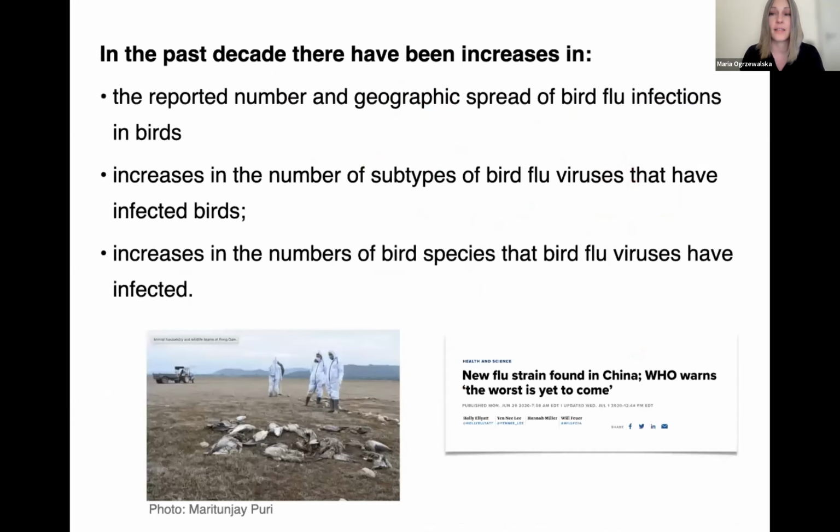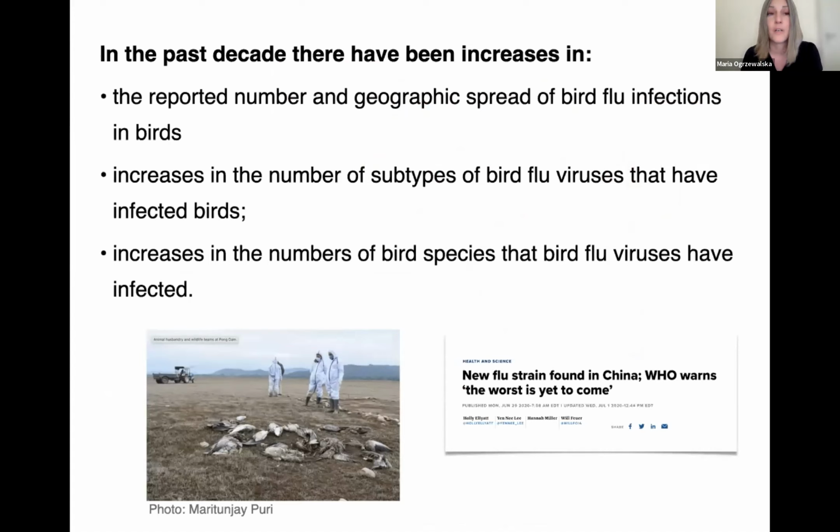Besides that, in bird populations we have strains usually not pathogenic, but sometimes they can change and become pathogenic, and it sometimes happens that they cause huge mortality in birds.